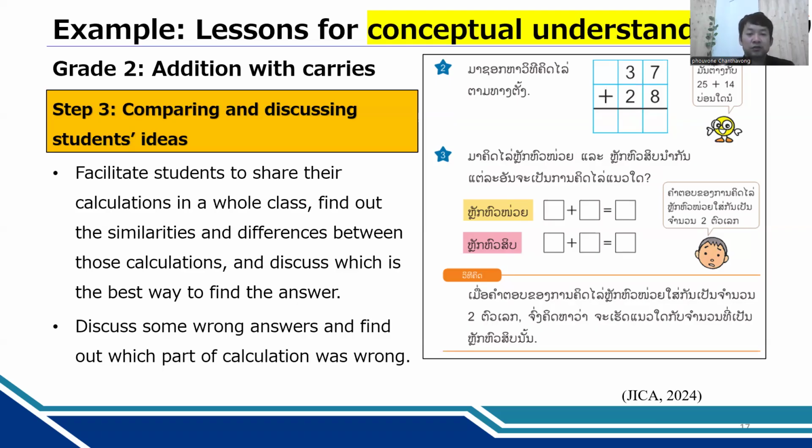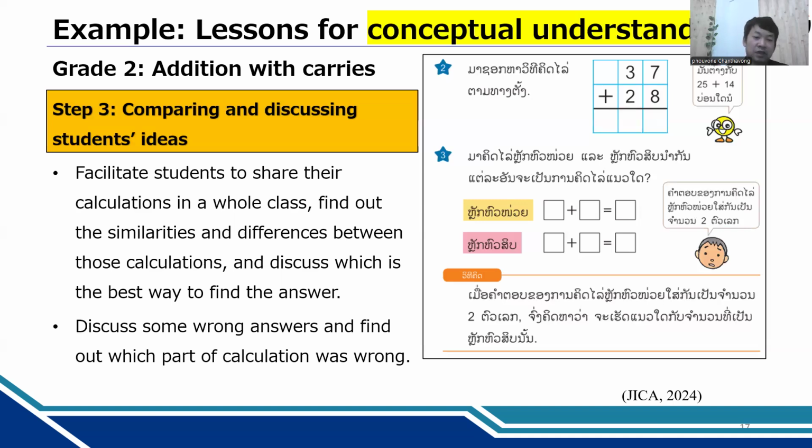The teacher should play the main role to select which solution should be brought to the blackboard or to the whole class, and which one should come first and then second, so that students will see differences between their solutions and friends' solutions.